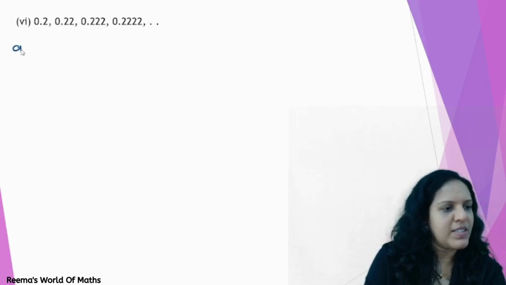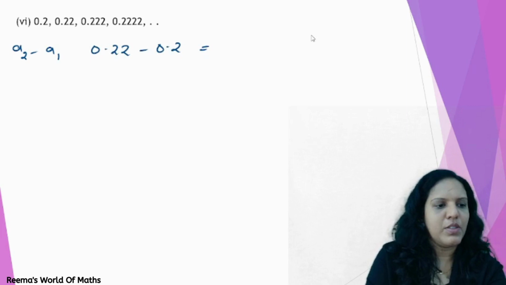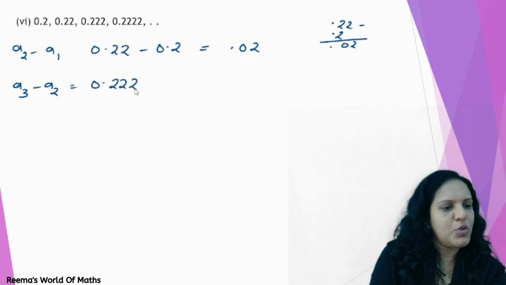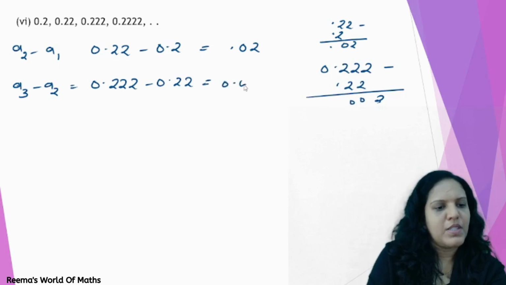For that, A2 minus A1 is 0.22 minus 0.2, which is 0.02, correct? Then A3 minus A2 is 0.222 minus 0.22, which is 0.002.